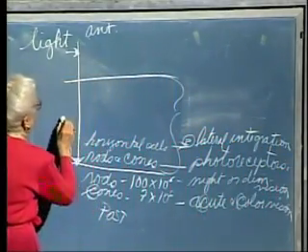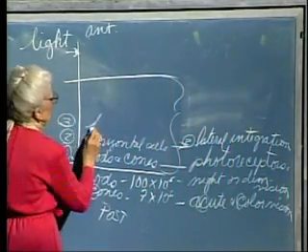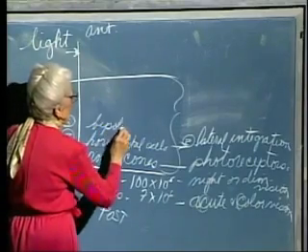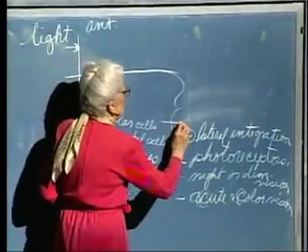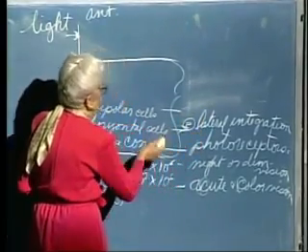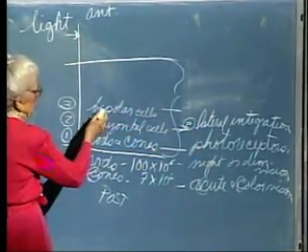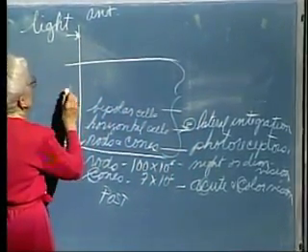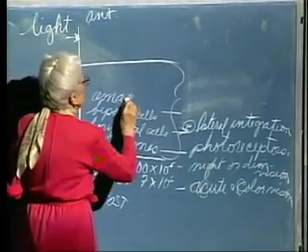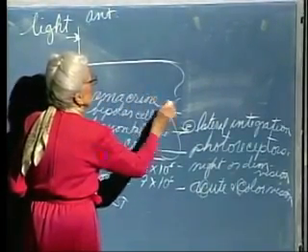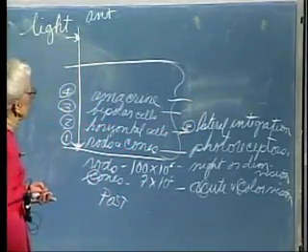And then we have bipolar cells, and they're carrying the impulse on up to the next layer, which is 4. So amacrine cells. What do amacrine cells do?